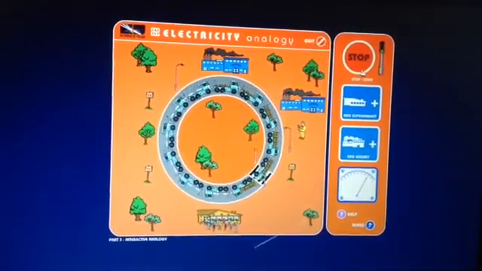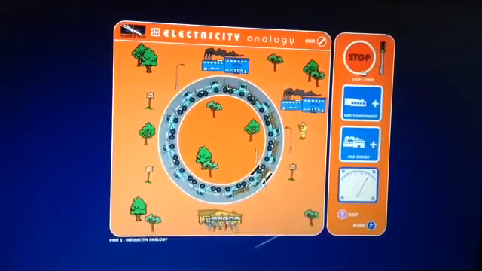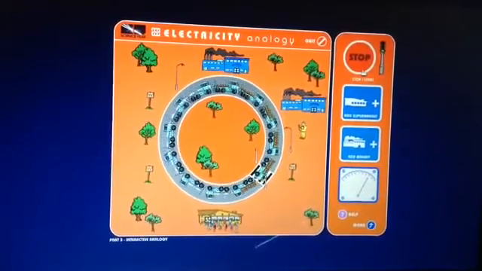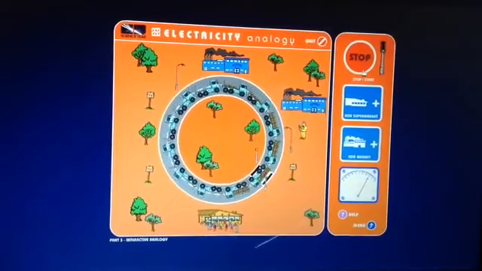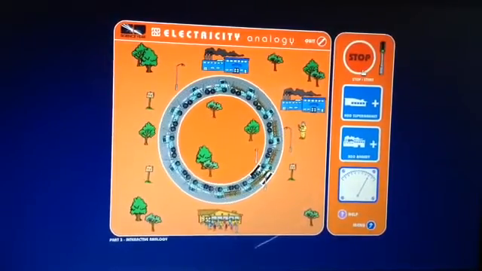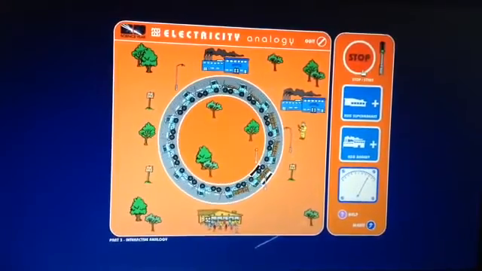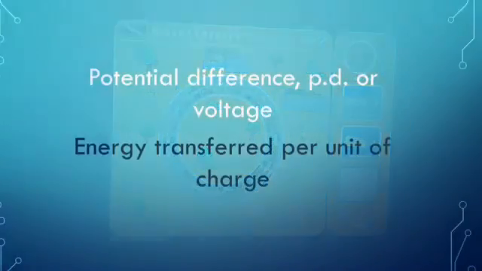Just like in a real circuit, the electrons transfer energy to the component, like the filament lamp. Voltage is the energy transferred per unit of charge, or the bread transferred per lorry. Another name for voltage is potential difference, or PD. The potential difference is the difference between the amount of energy each side of a component.